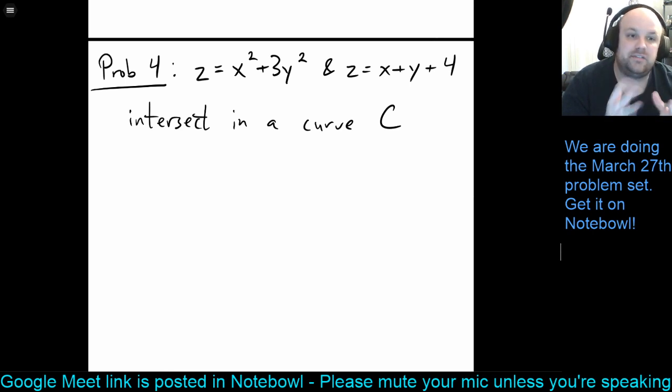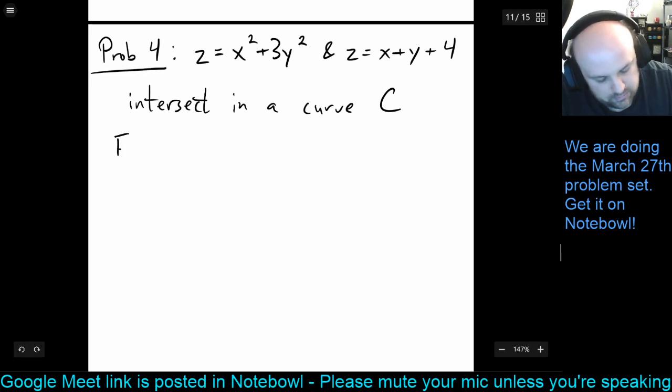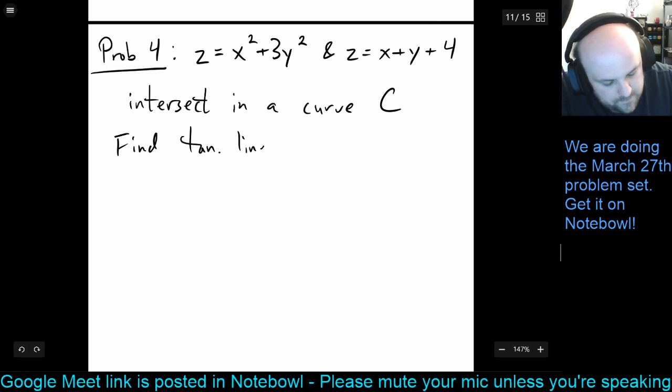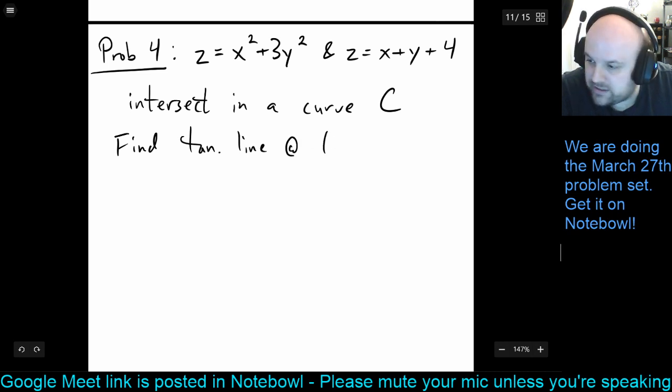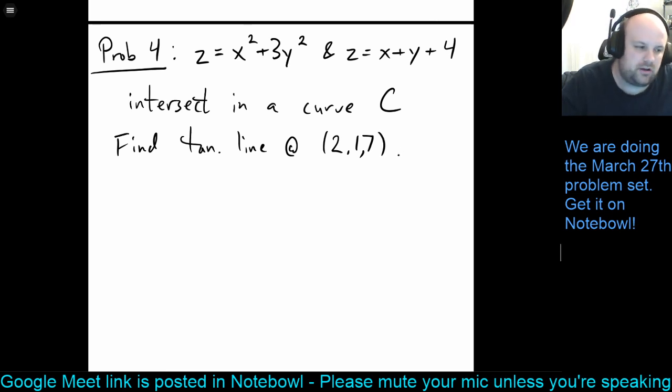And then using that fact, you should be able to reconstruct the tangent vector to that curve. So I want to find the tangent line at the point (2, 1, 7). I'll give you a second to try and work that out real quick, and I will be right back.